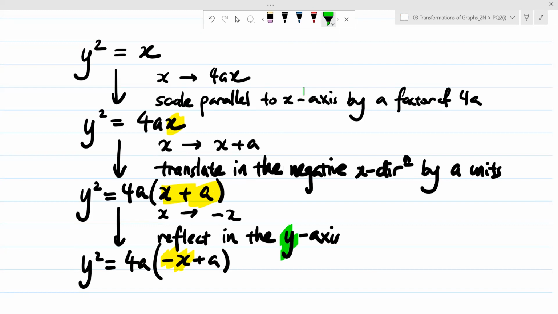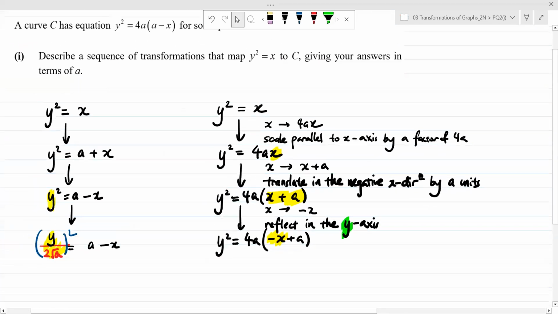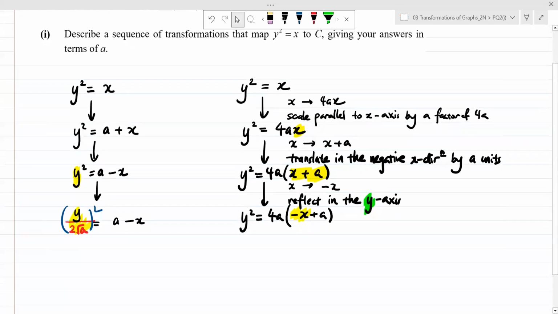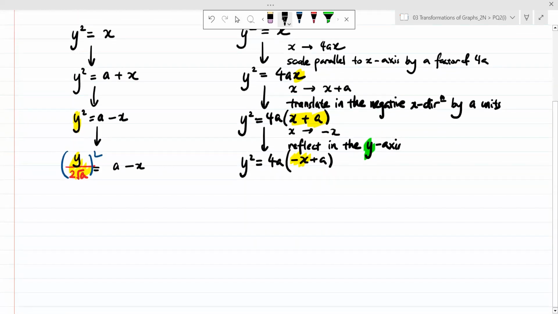Then there are some of you who may be very headstrong, very insistent. Mr. Lee, but what if I really want to do my translation first before I do my scaling? Okay, method number 3. Not sure if this works. Let's try. So I expand the thing first. I suppose also can.